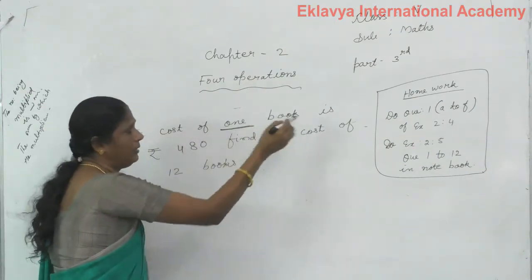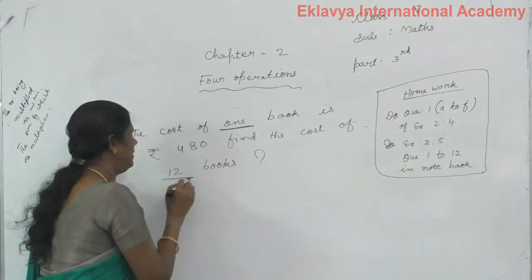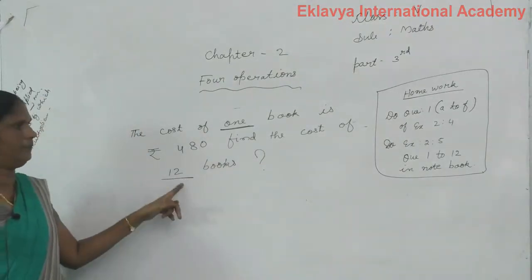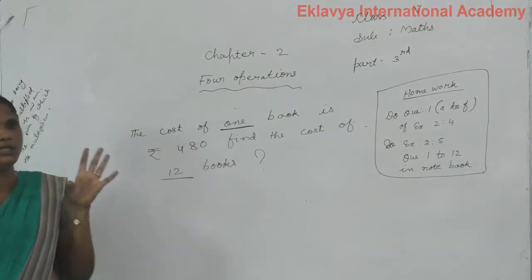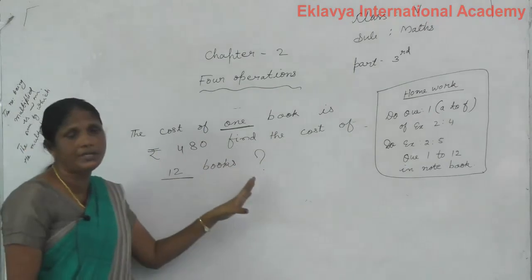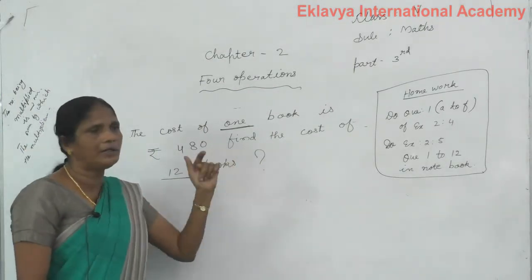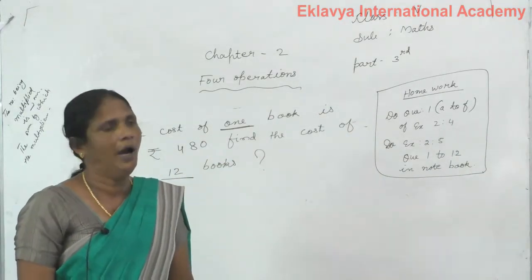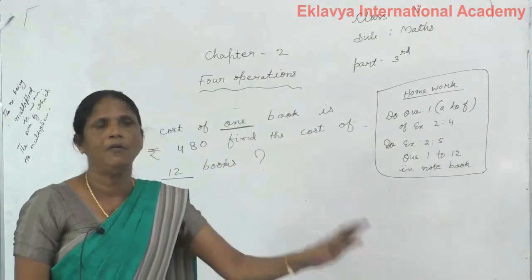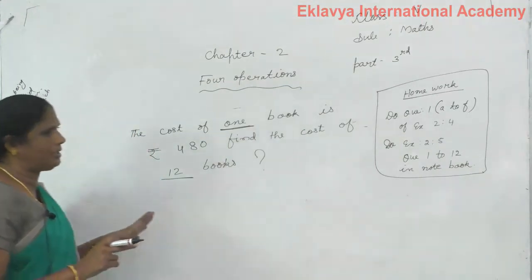One book, 1 given, then many find. Therefore, this question is multiplication. In the previous class we studied the words that do not come in the statement: how many, how much, find, what. These words do not come in the statement.